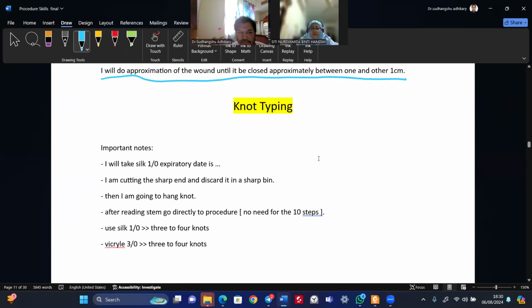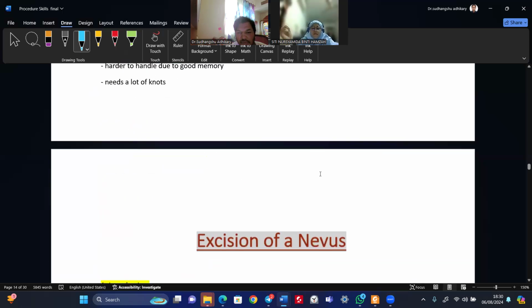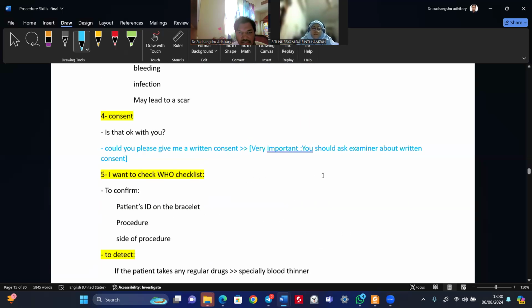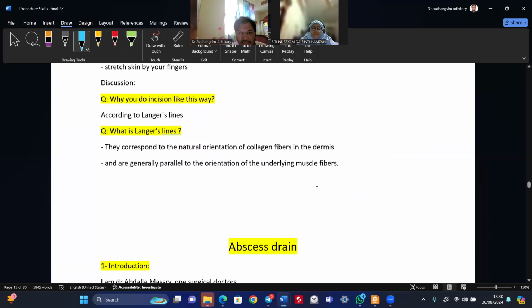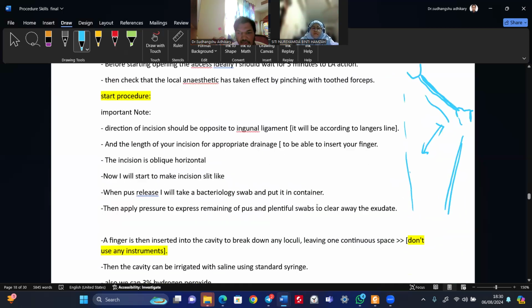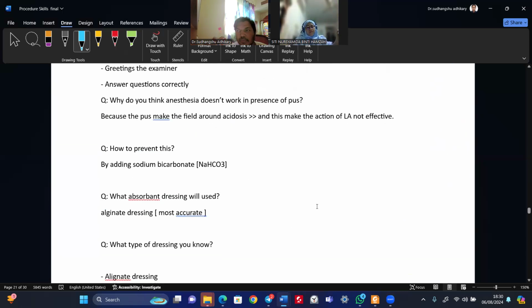I need to pray. You can pray, my prayer time will also come. The remaining are easy, like excision of naevus. These things are easy. Then abscess drainage. These are small. Okay, doctor, see you in 30 minutes. Okay, bye.